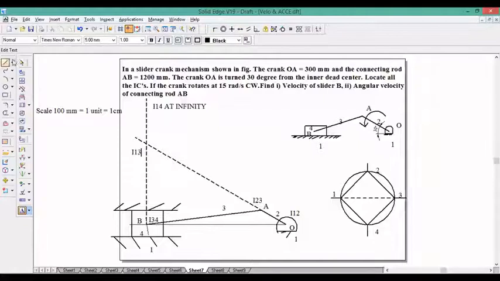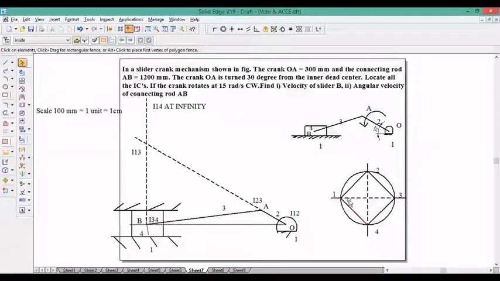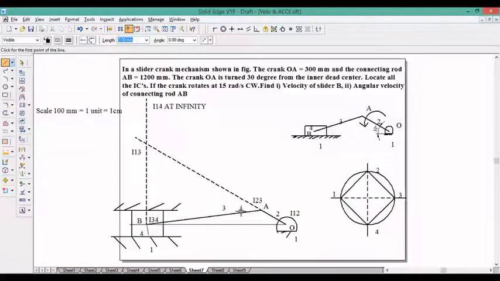Similarly, to identify the instantaneous center 2 and 4. This 2 and 4 is the common line for triangle 4, 1, 2 and triangle 4, 3, 2. So I need to join instantaneous centers 1, 4 and 1, 2. For 1, 4, I can draw a parallel line from this point.